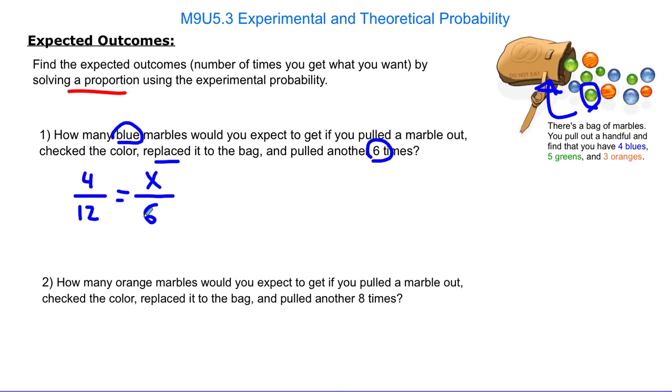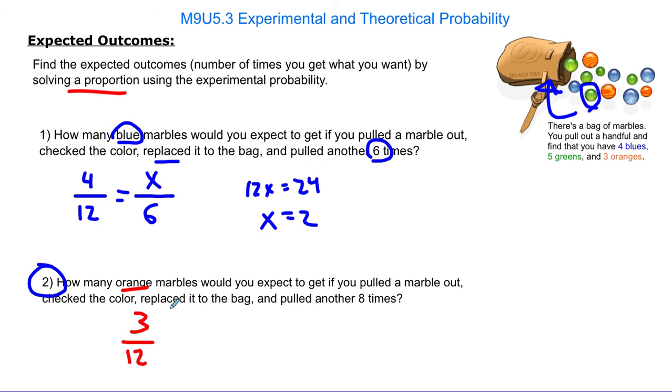This should be 2, right? But you can do it with a proportion, say 12x equals 24, and then divide by 12, and x is 2. Try that with number 2, with orange marbles. Go. All right, so if we want to pull out orange marbles, we have 3 out of 12, right? If we pulled 12 times, we should get 3.